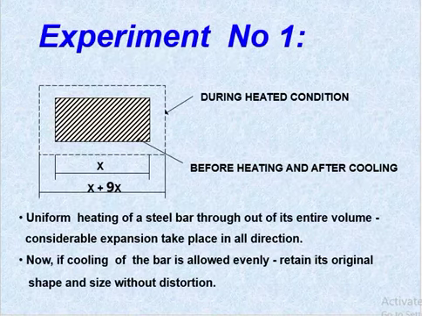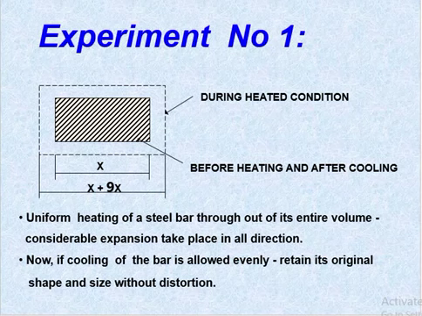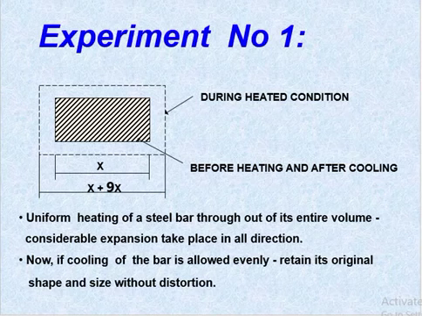Experiment number one. The dotted area is the main plate in the heated condition, and this is the plate in its original condition. Uniform heating of a steel bar throughout its entire volume: when you heat it, expansion takes place up to the dotted condition.